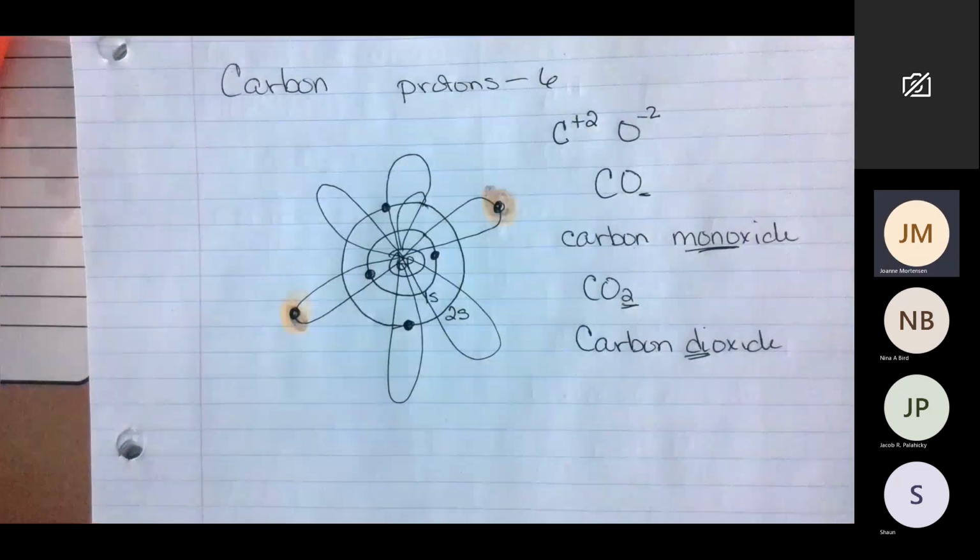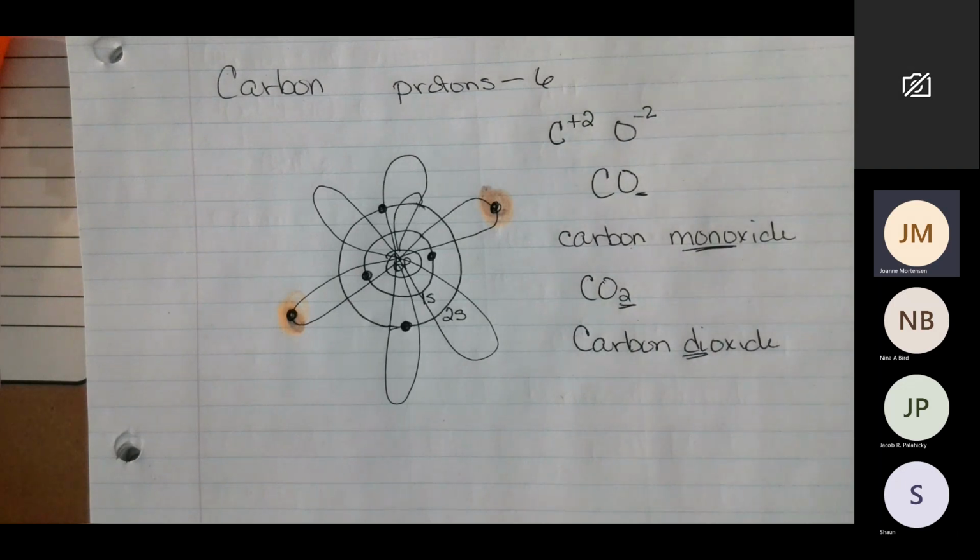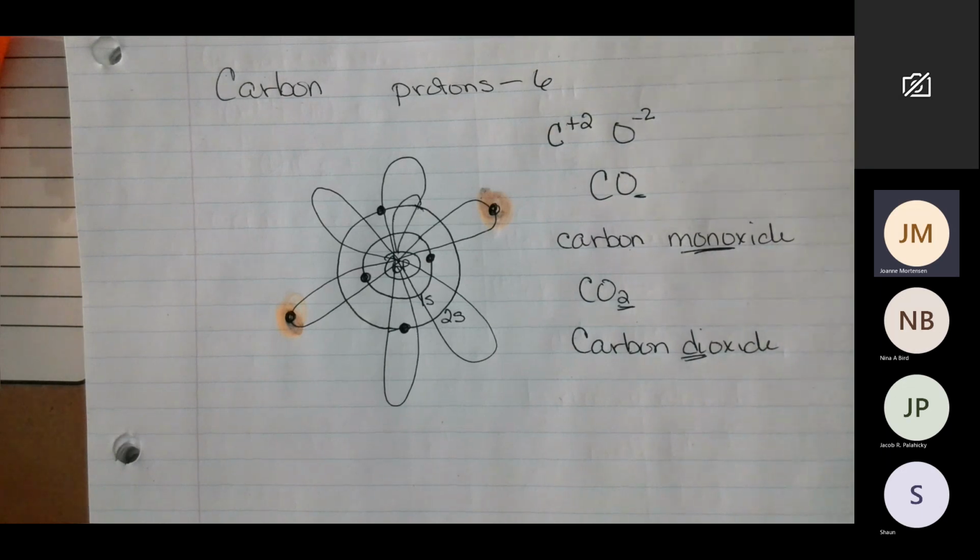And there's a big difference. Carbon monoxide can kill you. Well, so can carbon dioxide, but carbon monoxide is worse for you. It's the one that'll get on your red blood cells and ride around so you can't have any oxygen.